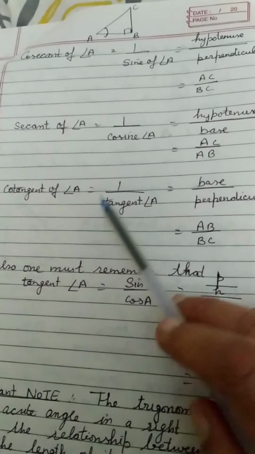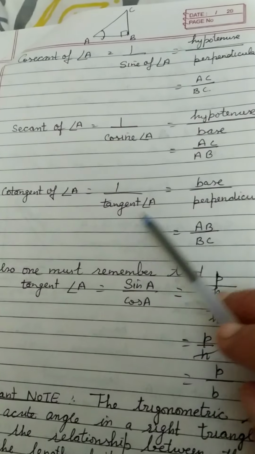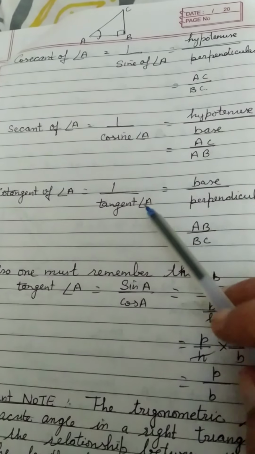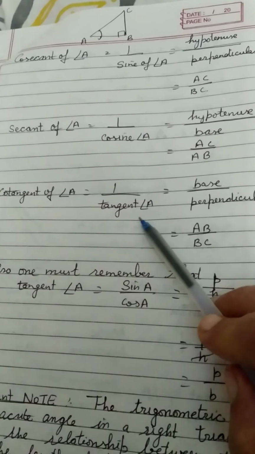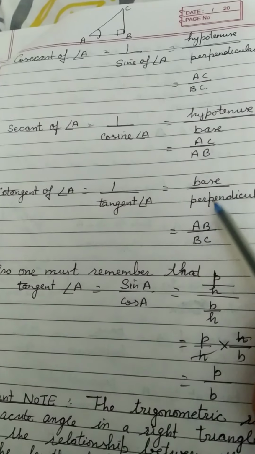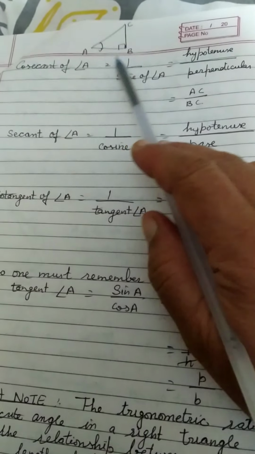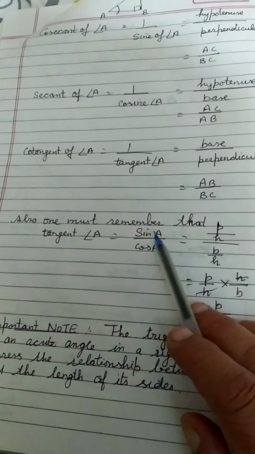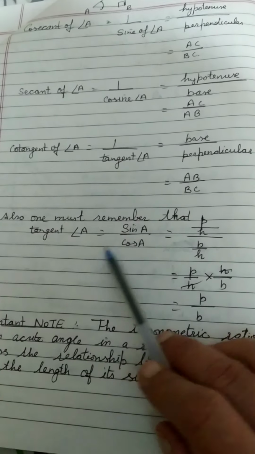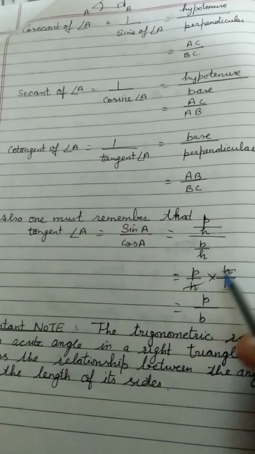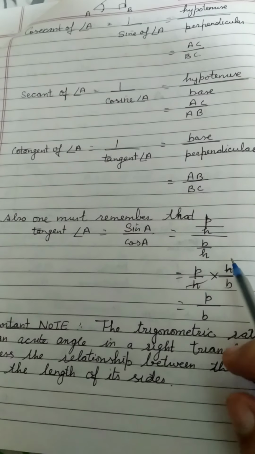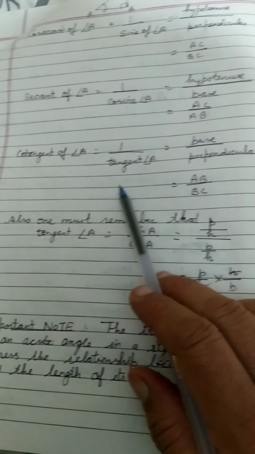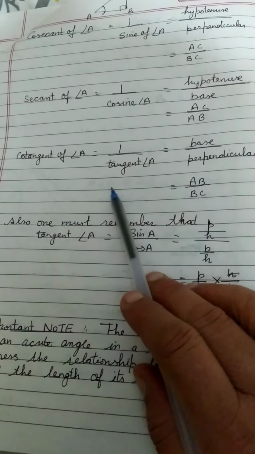Now cotangent of angle A is equal to 1 upon tangent A, means cotangent is reciprocal of tan A. Tan A is perpendicular upon base, then cotangent will become base upon perpendicular, that is AB upon BC. Also one must remember that tangent of angle A is sine upon cos A, means perpendicular upon base. Then cotangent of angle A will be equal to base upon perpendicular.